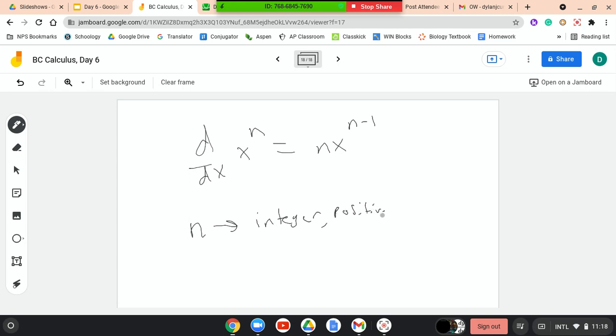So right now, we would not know how to calculate the derivative of x to the pi power, right? Correct. Exactly. So I just want you to keep that in mind.